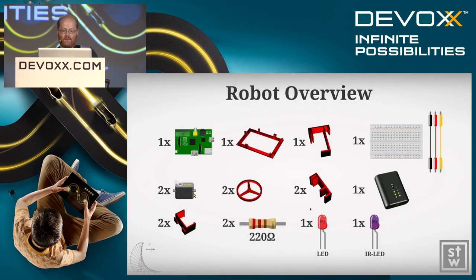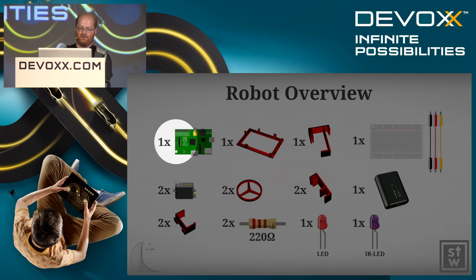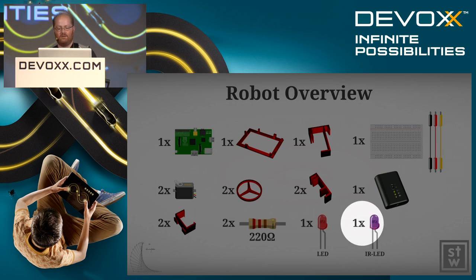And these are the parts that you need. So of course you need a Raspberry Pi. You need 2 servos, and I'll also explain how you have to modify them so that they really work as a motor. The other electronics are 2 resistors, then an LED for showing the status, an infrared LED for communicating.